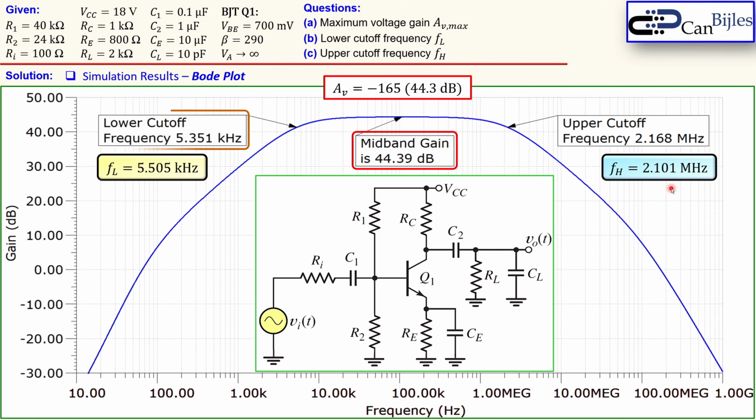So we can say the results from the simulations, and using the approximate models we have used for the high frequency analysis, also for the low frequency analysis, are quite nice. We have the gain almost correct, and the lower and the upper cutoff frequencies are also very close to the simulated values using the model we have found here.